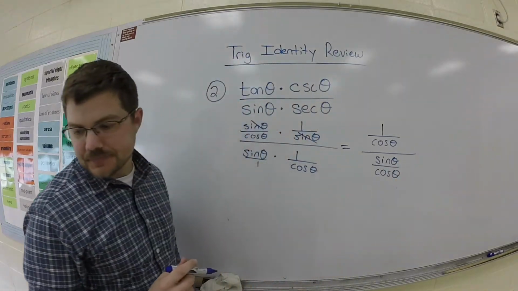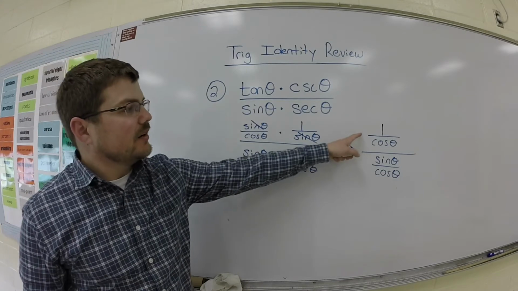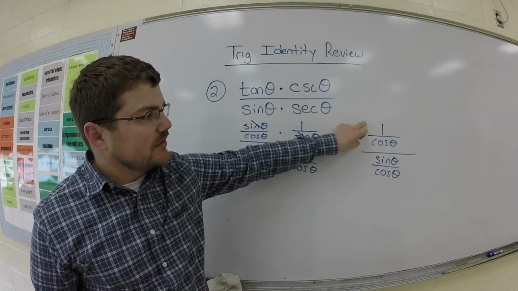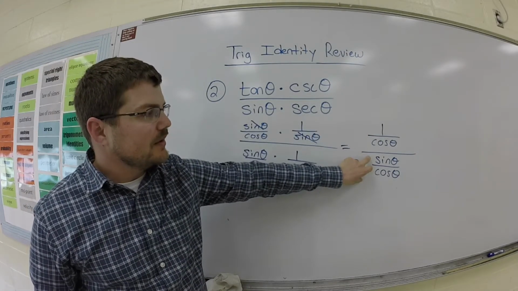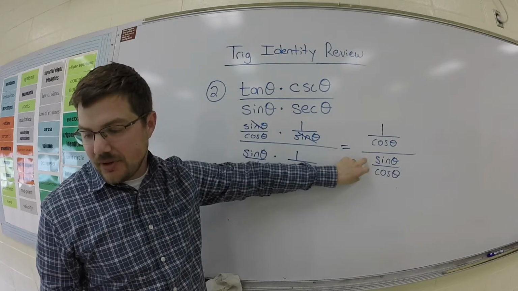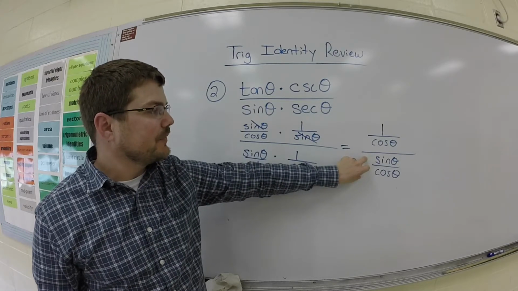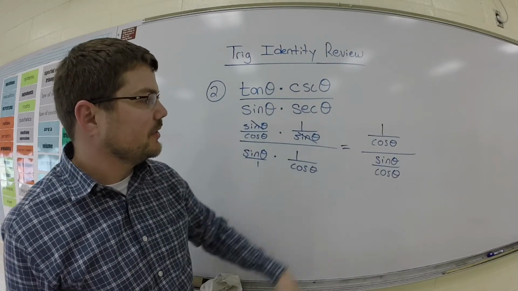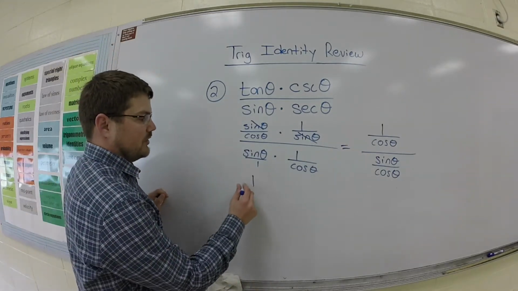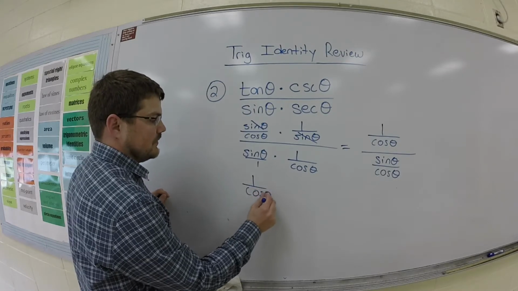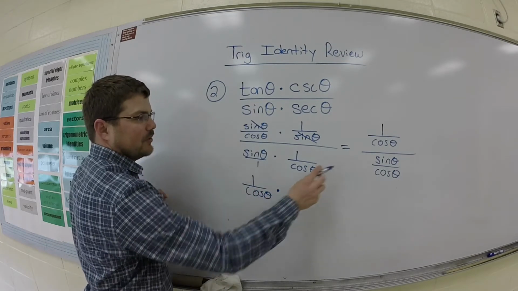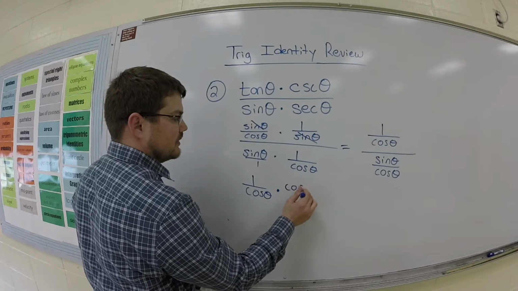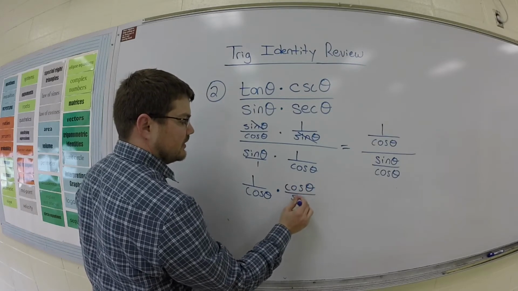Once we get here, we have a fraction divided by a fraction. When you're dividing fractions, you're multiplying by the reciprocal. So we'll keep, change, flip. Keep, change to multiply, flip the denominator. So I have 1 over cosine times the reciprocal, cosine over sine.